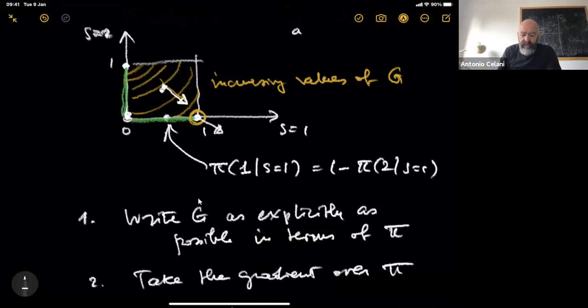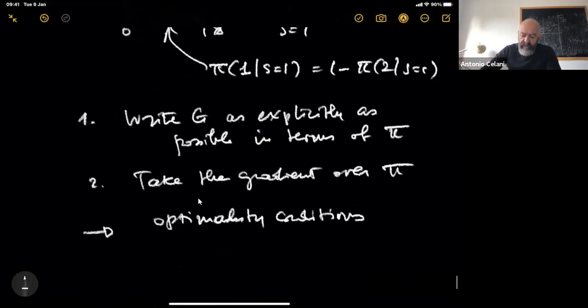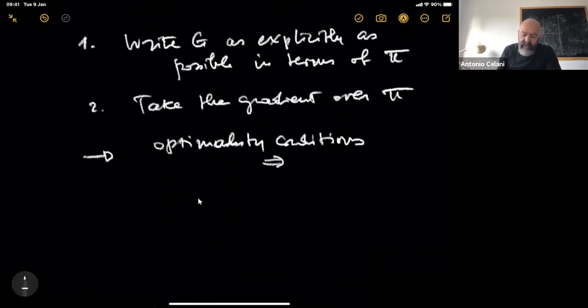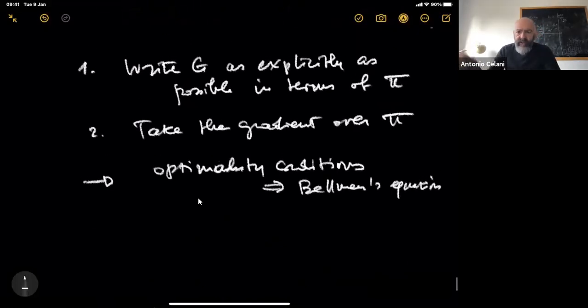So we have a geometrical interpretation of optimality in terms of the gradient. And if we use this optimality condition, this will give us back the Bellman equation. So in a sense, the first goal is to come full circle with what we did before by this other approach. We rederive the Bellman optimality equations by this approach which focuses on gradients in policy space.